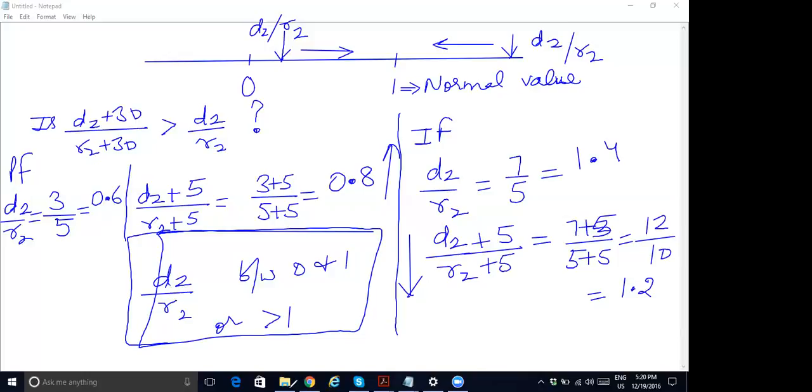And if we are adding the same negative constant value to both numerator as well as denominator, then the fraction moves away from 1. Adding a positive constant value, the fraction moves towards 1. Adding a negative constant value, the fraction moves away from 1.